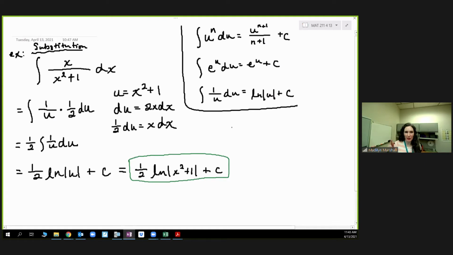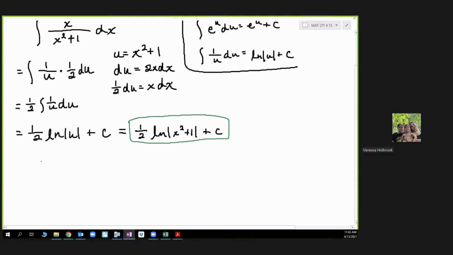I want to address one thing, because I don't know if this completely addressed the initial question. So I want to do just a comparison of two simpler integrals to see the difference between a 1/u situation and a u to the n situation.